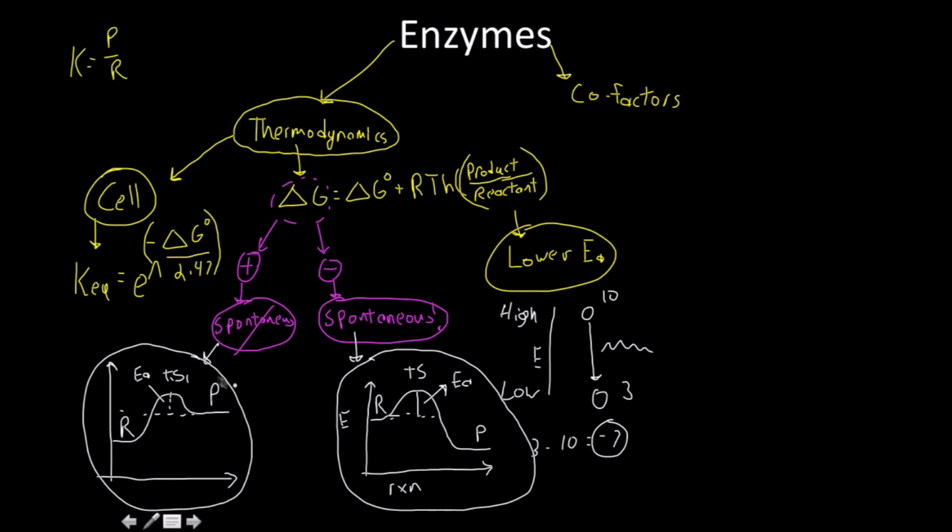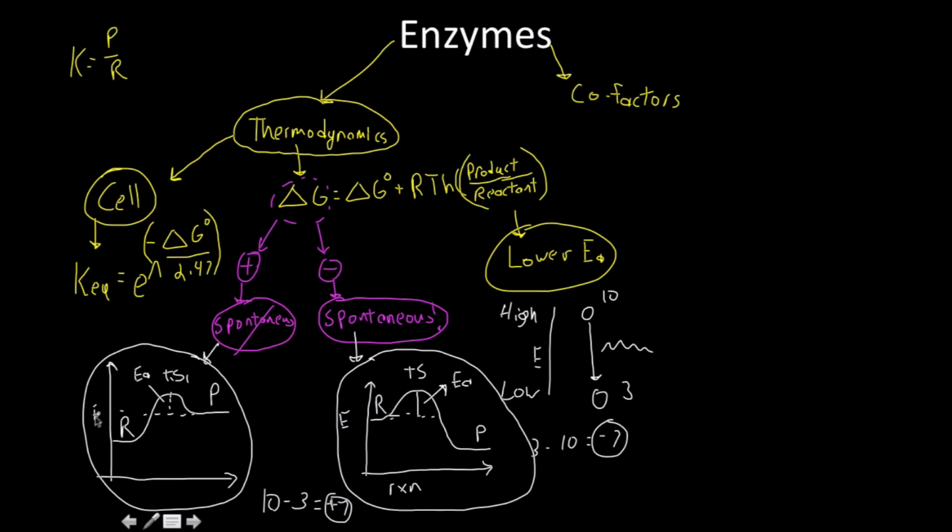So say, for example, the products are 10. The initial energy was like that of 3. If I subtract the final minus the initial, my final was a value of 10, my initial was a value of 3, well, that's going to give me positive 7.